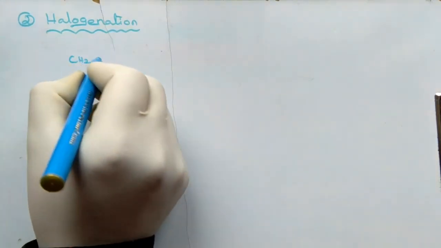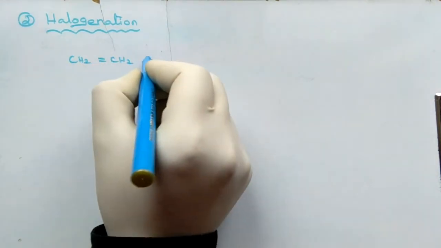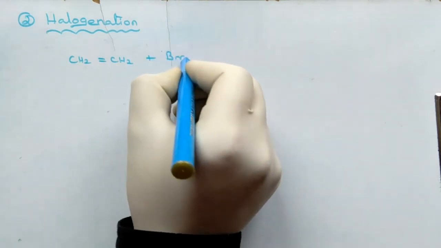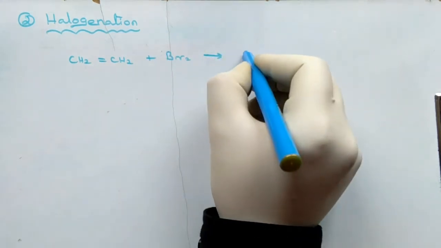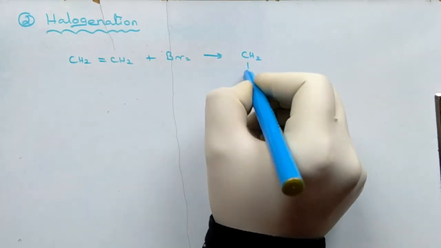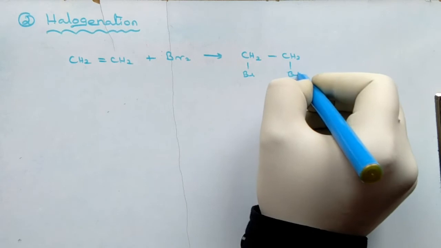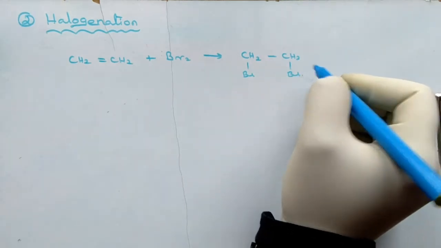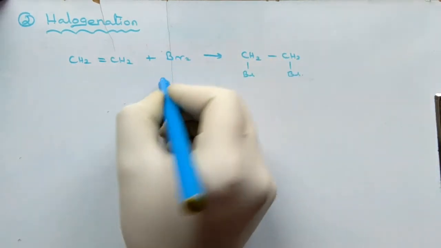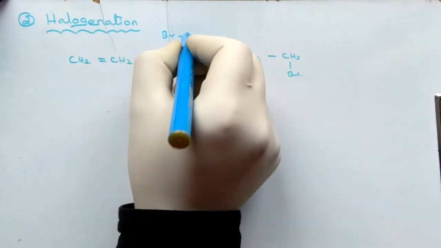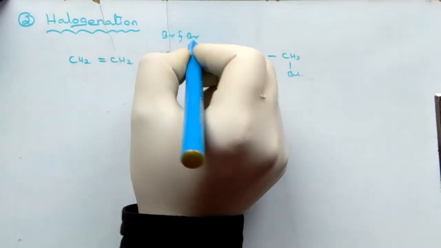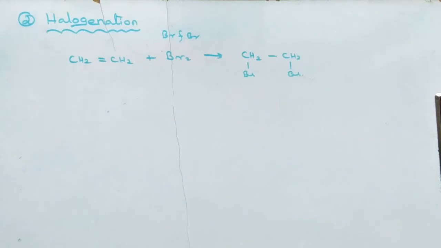Next, halogenation. In halogenation reactions, halogen atoms will be added to an unsaturated compound. Here ethene is reacting with bromine and we are getting 1,2-dibromoethane. The bromine molecule will be dissociated into Br plus and Br minus, and the electrophile of this reaction is Br plus.